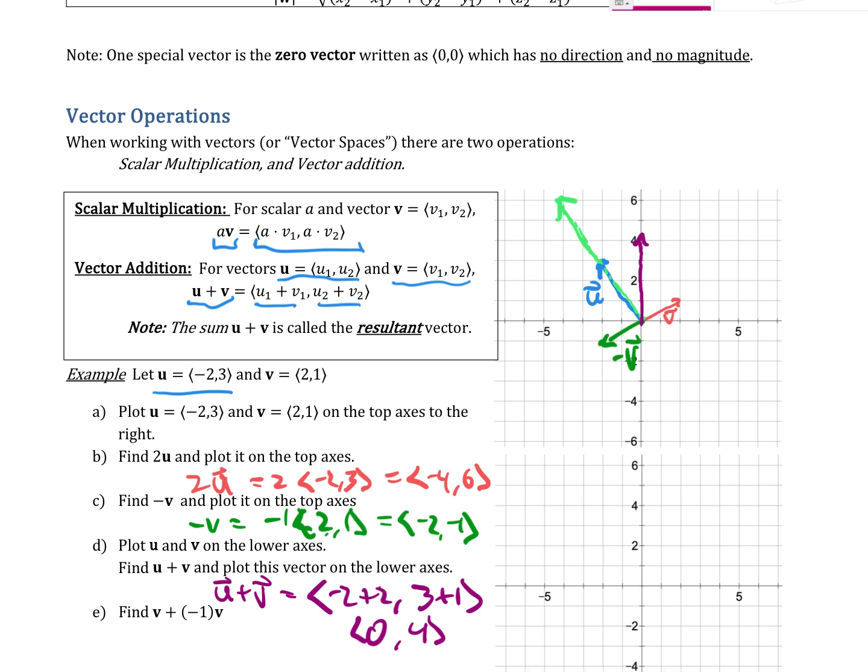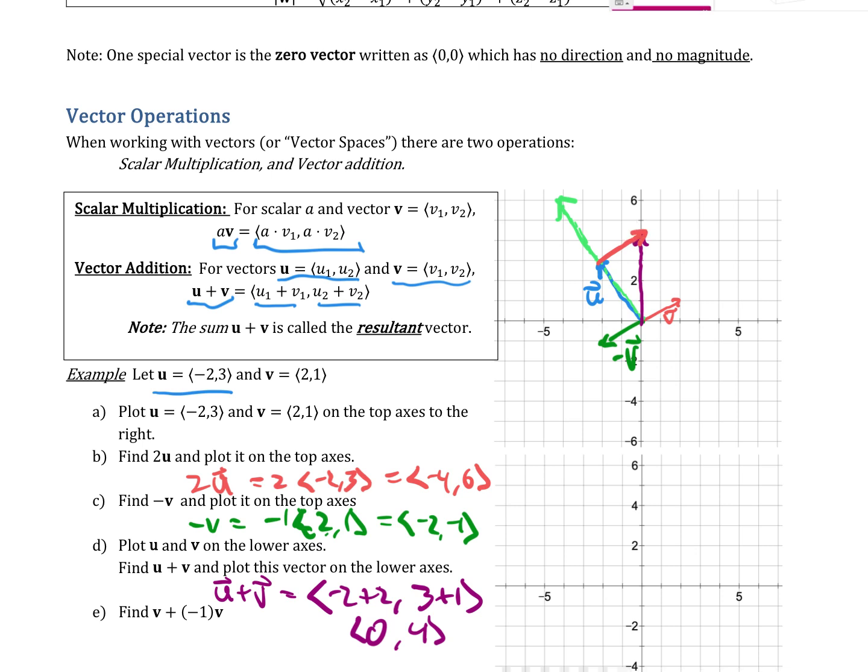Okay? Now there's a special relationship between this u and this v. If we take this v, and we notice the v is right 2 and up 1, so if I move that v and slide it over to here, and attach it to the head. Now these arrows, we say they have a head and a tail.